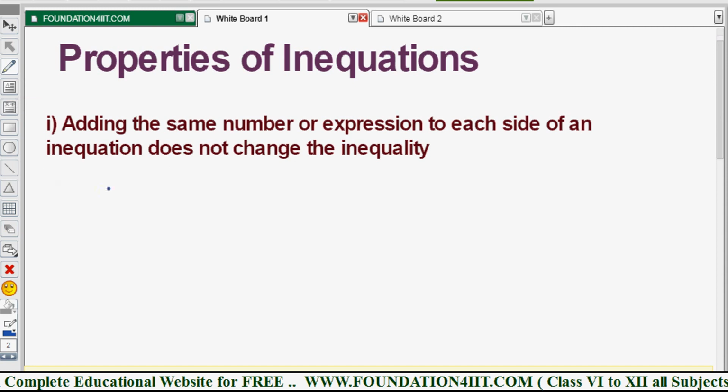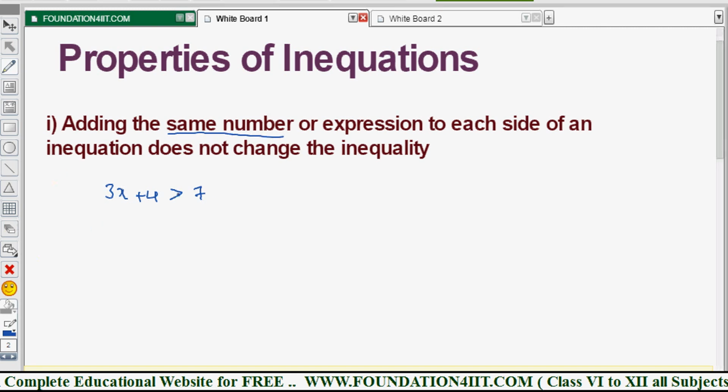See, for example, 3x plus 4 is greater than 7. If this is the inequation, then by adding the same number on each side, the left hand side and the right hand side, we should add the same number.